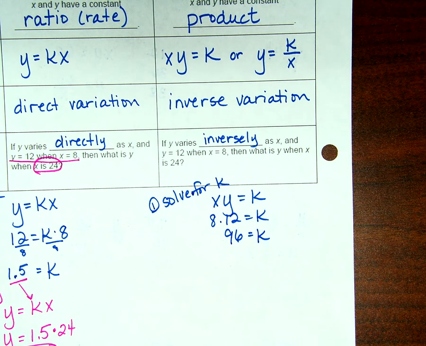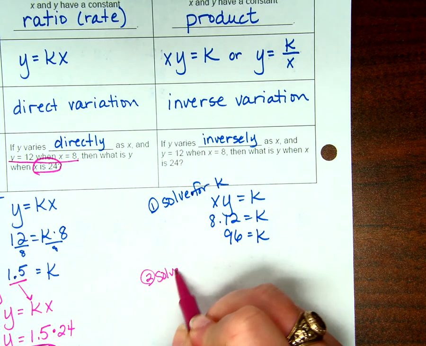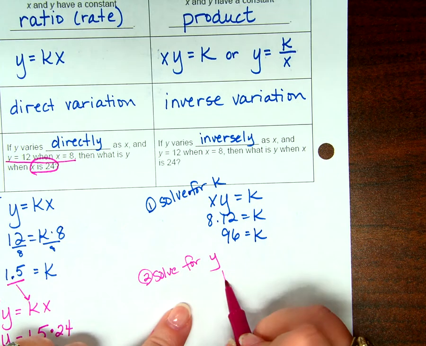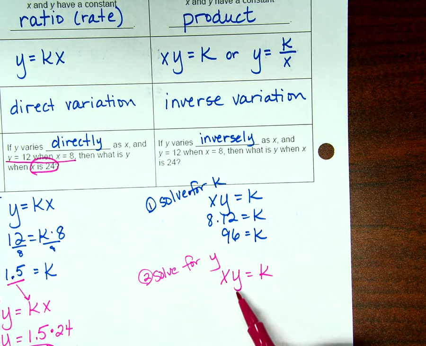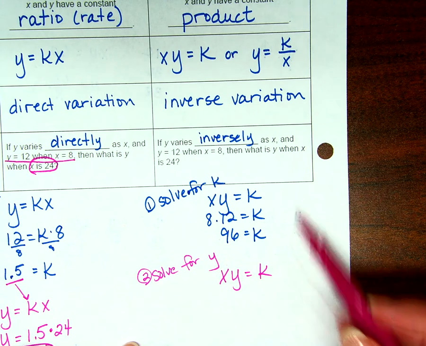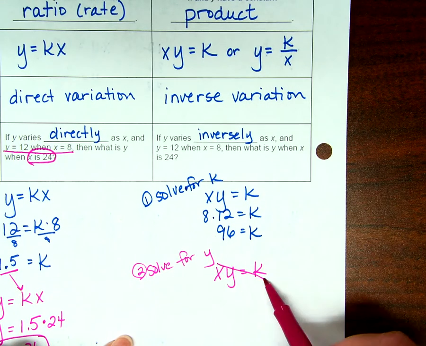Now that I know k, what do I want to do? Solve for y. So I have to start again, xy equals k, but this time I know k. Oh man, do I even want to use this? In fact, I don't want to, right? Because what do I know? I have an equation that's y equals, so I don't want to use this one this time.